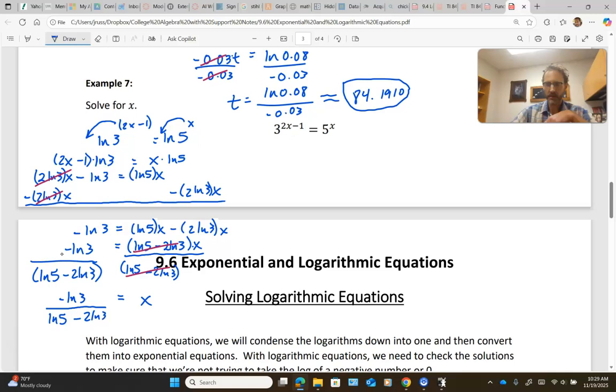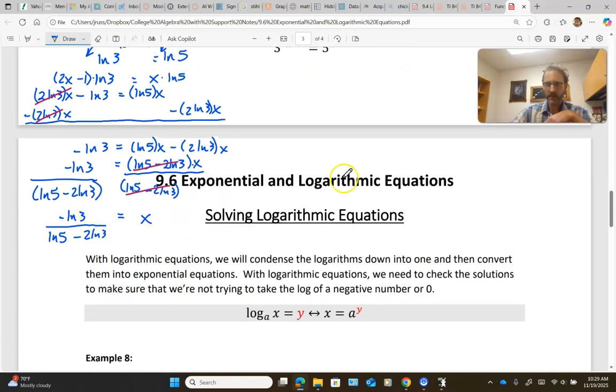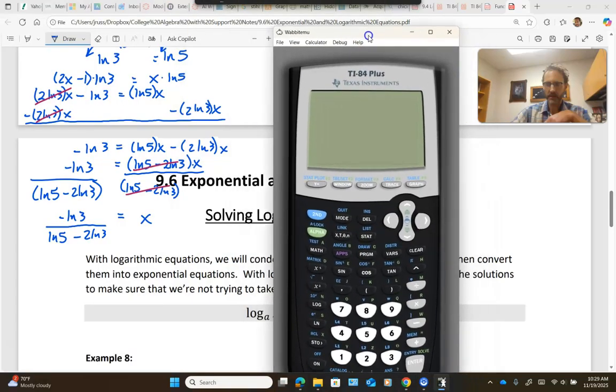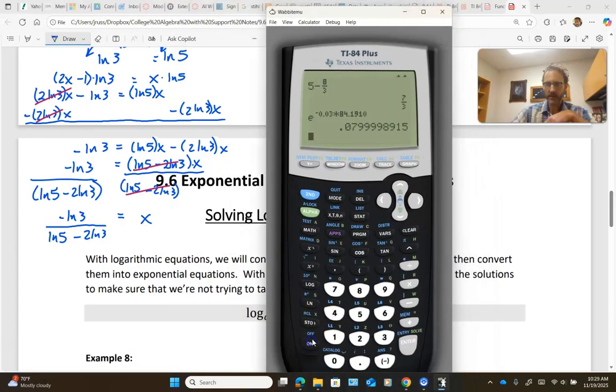Okay. Now again, we can do an approximation for this if we put all this in the calculator. If I were to do this, I would type in negative natural log of 3, close with parentheses, divided by, open a set of parentheses, and that's when you plug in this denominator, the natural log of 5, close that 5, then say minus 2 times the natural log of 3.